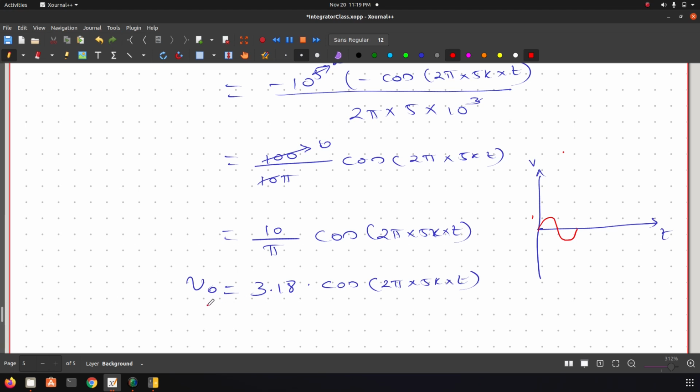Let me draw the output in green color. The output is a cos wave of amplitude 3.18, both of the same frequency, so it should go like this.